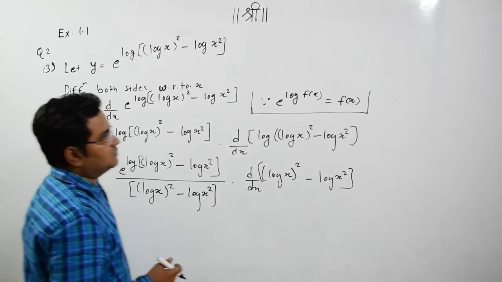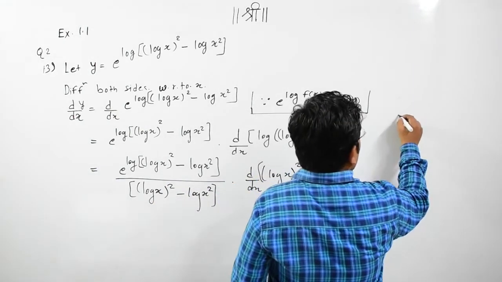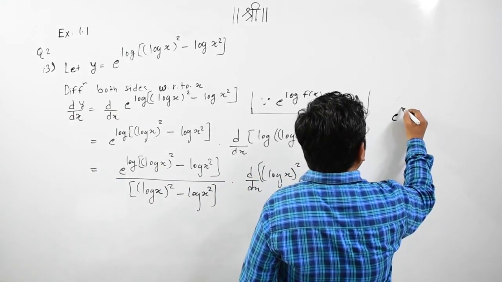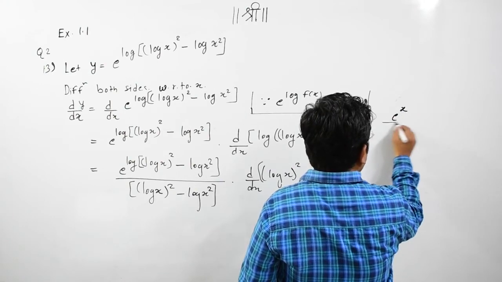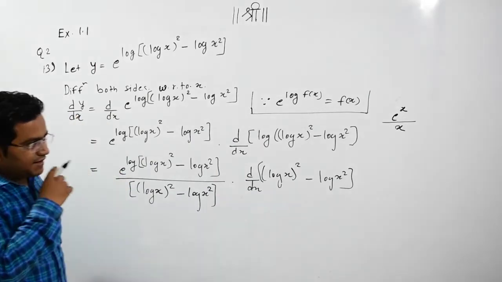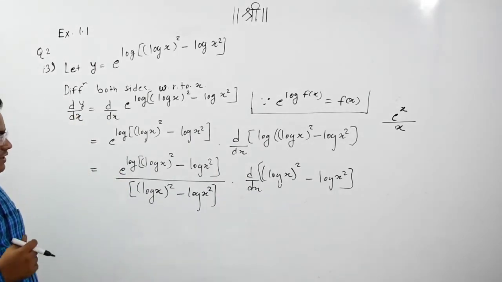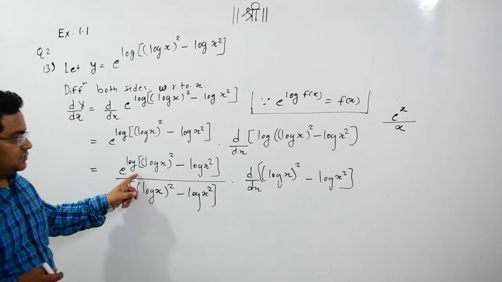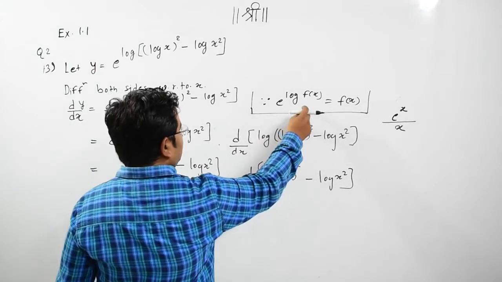The simplification of this term will be like this: e raised to x divided by x. Can we simplify that term? So e raised to x divided by x, it should be 1, but it's not equal to 1, and that's how we require this formula. That can be possible only when we apply this formula.